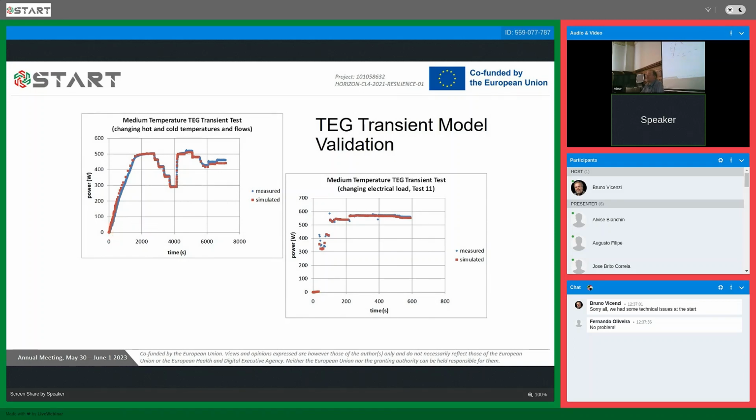And you can see then the response that we got from the TEG, as well as how well we were able to then model that. And so this is just showing some examples. We also had a changing electrical load in order to show how the TEG would respond to that as well.